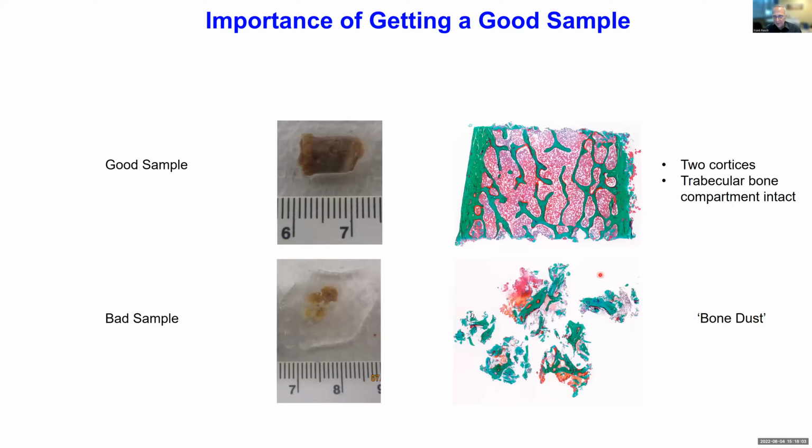And in the end, we see something that I call bone dust, just a lot of fragments that is not really very useful for analysis. So that unfortunately can happen, especially if people have not done many biopsies before. So it's not that simple sometimes to take a good sample, especially if the bone is quite fragile.